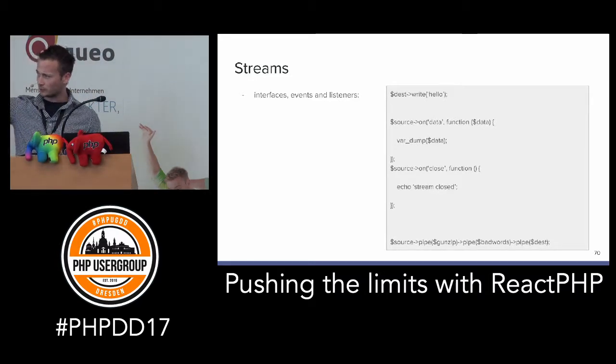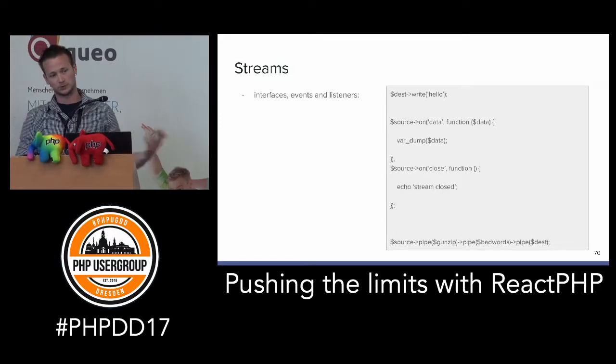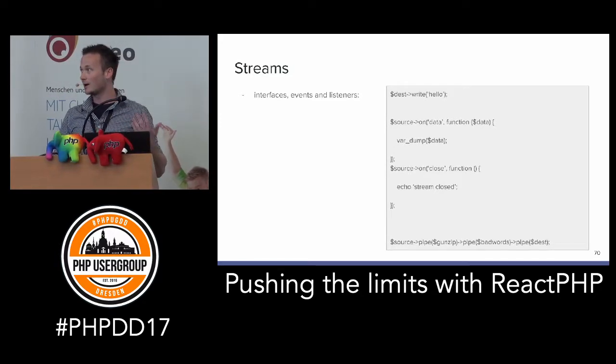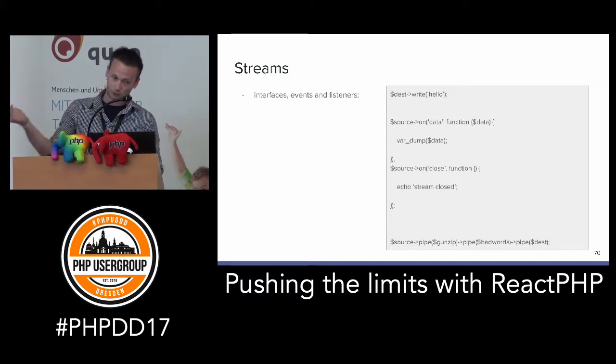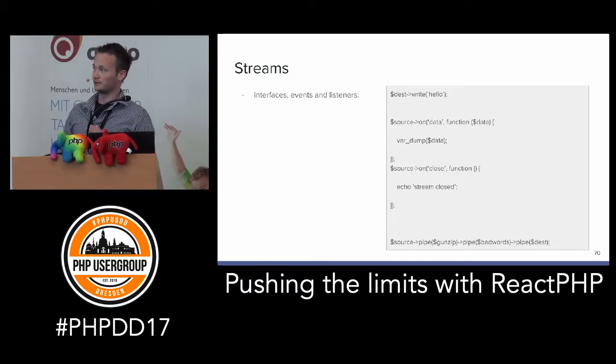You can kind of grasp the concept. You pipe the source into a gunzip, you get the unzipped resulting stream, you pipe it into a bad words filter, which removes certain words, and then pipe it into a destination. And you don't really have to care about what the source or the destination is. You only know that the source has to be readable and the destination has to be writable, and that's it.